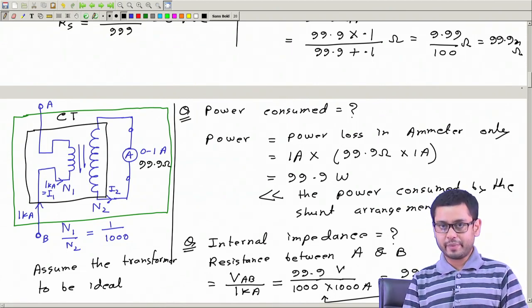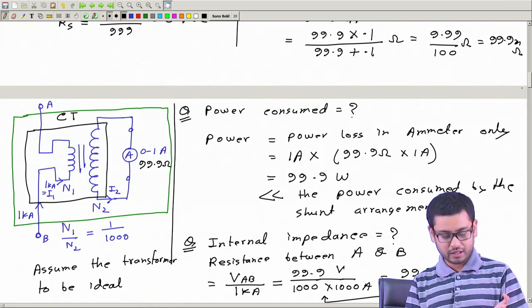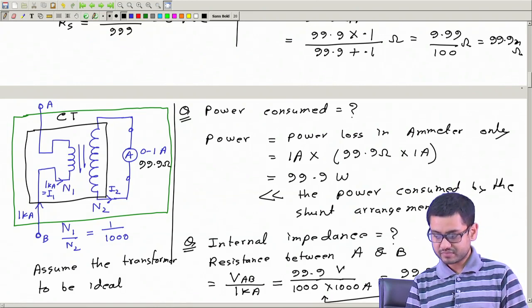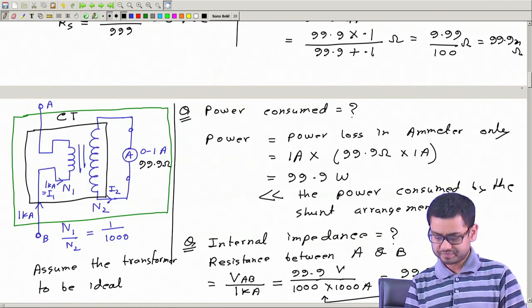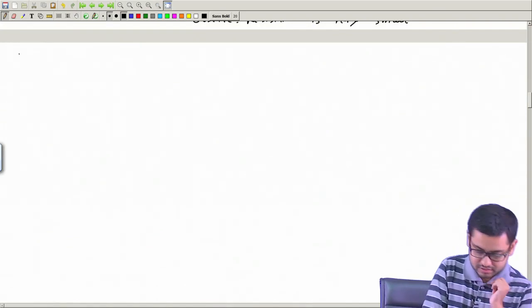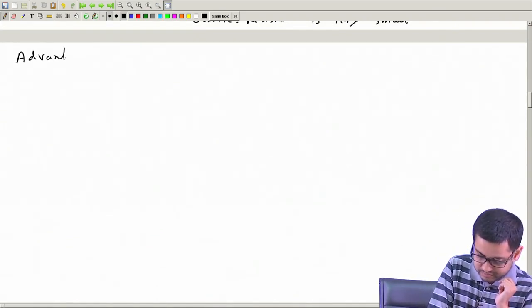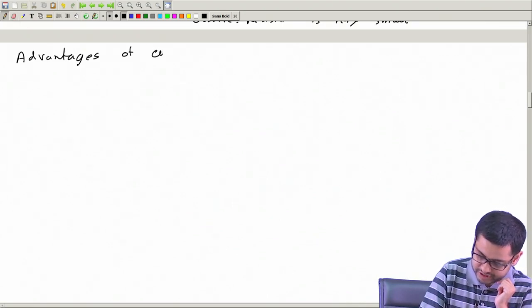So these are some of the advantages of using a current transformer instead of a shunt resistance. Okay, so let's write the advantages of CT.